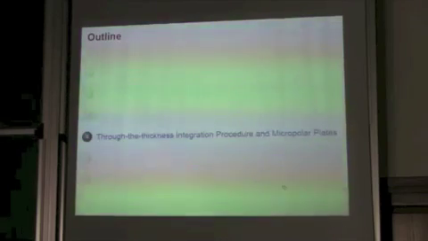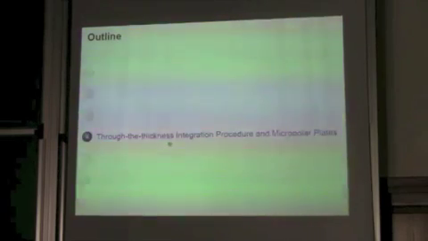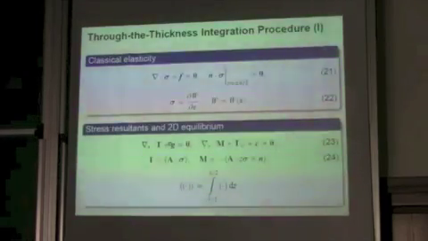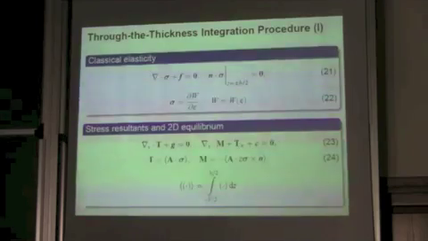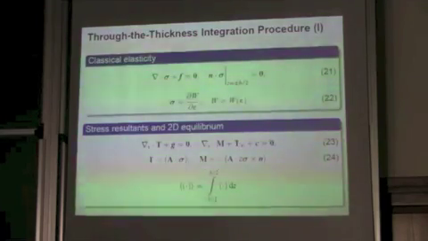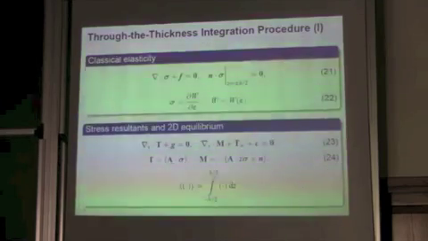Now we try to apply these things to the micropolar plates, and we use this through the thickness integration procedure. So let's show it at first. For the classical elasticity, you have the equations for the equilibrium state, for the boundary conditions, and for the energy relation, and then you get the stress results for the 2D equilibrium equations as shown in the lower part of the slide.